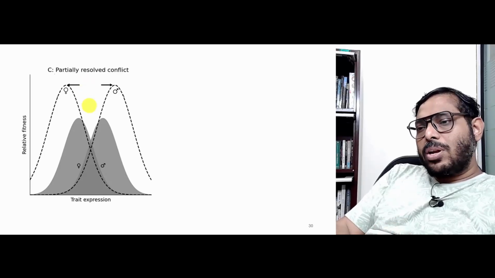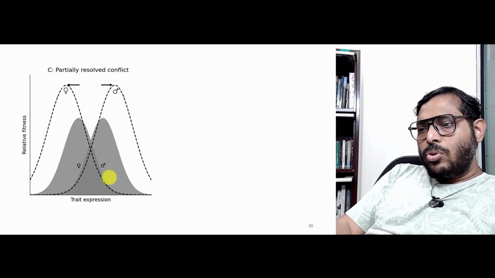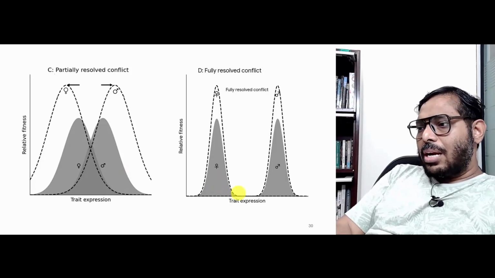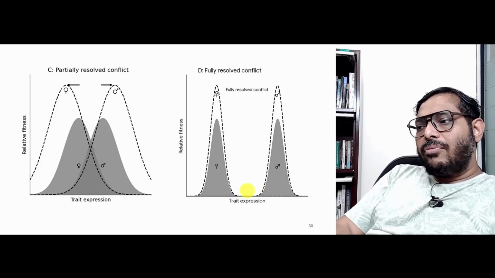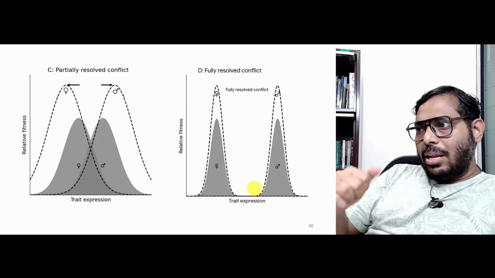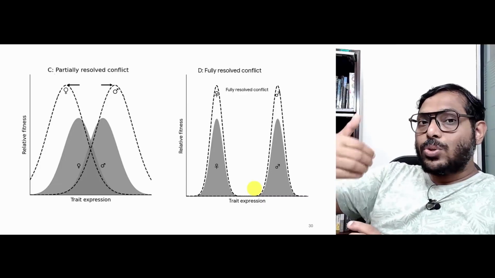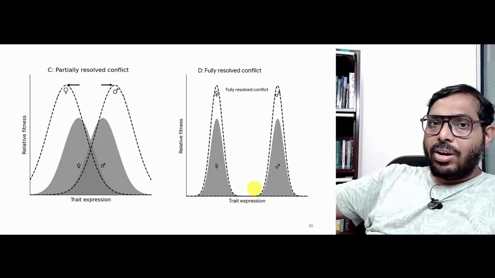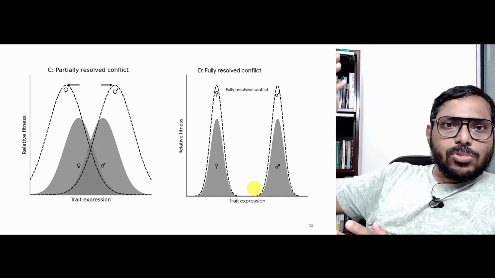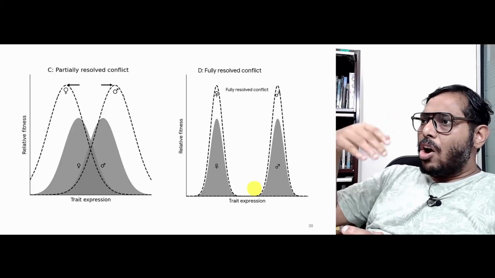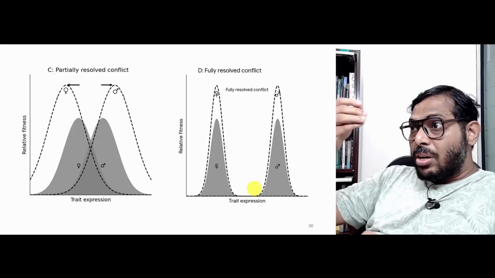And when this keeps on happening, the two trait distributions will move further apart from each other, and at some point the male and the female trait distributions will completely separate out from each other, and this is where you will get sexual dimorphism, when the male and the female will have a totally different trait distribution, maybe in terms of size, body size, or maybe in terms of plumage color, or maybe in terms of some kind of gene expression.